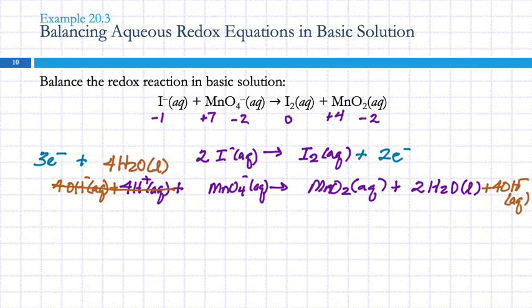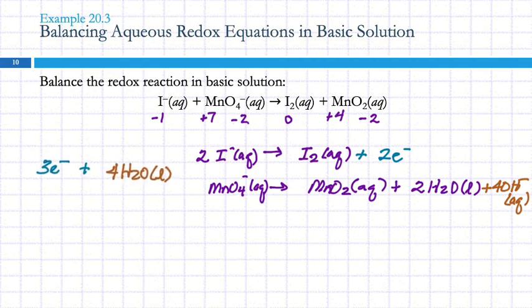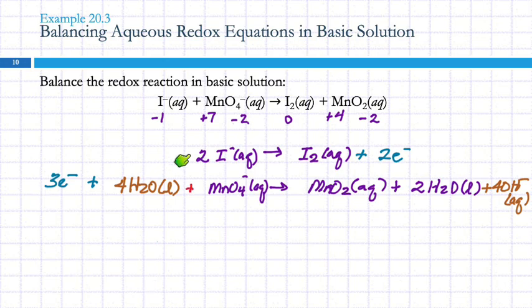Pardon me? Sorry. So this is one equation. I'm going to clean this up a little bit, because it kind of looked like that guy was up with this guy.